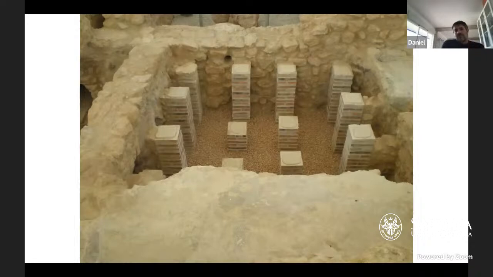One of the most recent finds is a great oecus. We'll come back to that later, because we are actually working in the virtual reconstruction of this oecus. The oecus is an apsidal room that traditionally functioned as a representation space in the Roman villas of this period, and therefore one of the most important places in all the archaeological site.